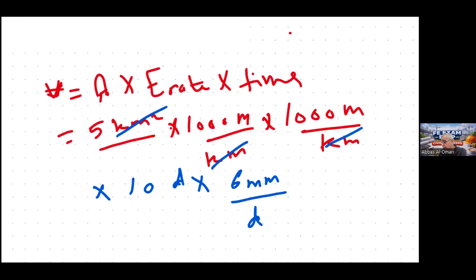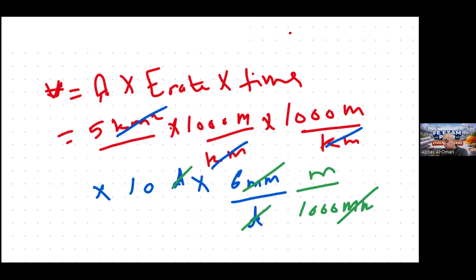It's very important to put in the units so that you know that you are correct from a unit point of view. So we have to convert the millimeter to meter. So we divide by 1,000 millimeter per meter. So we take the millimeter here. So we are left with meter by meter by meter. So that's meter cube.